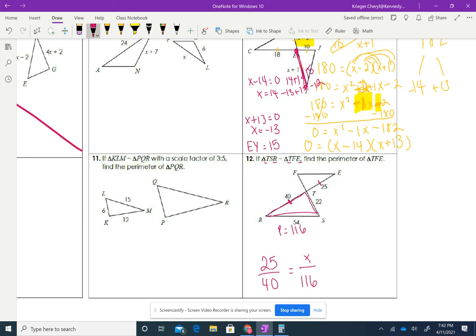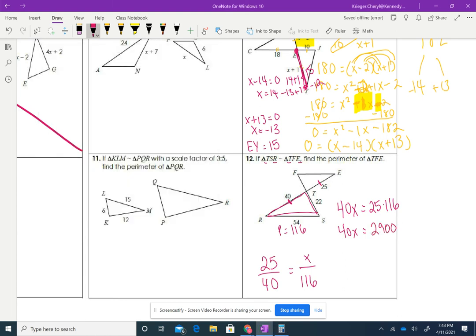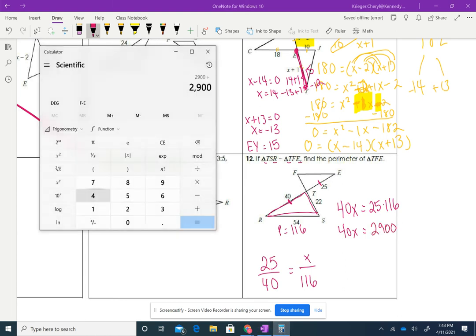Okay, so cross multiply again. 40x equals 25 times 116. 2,900 divided by 40.